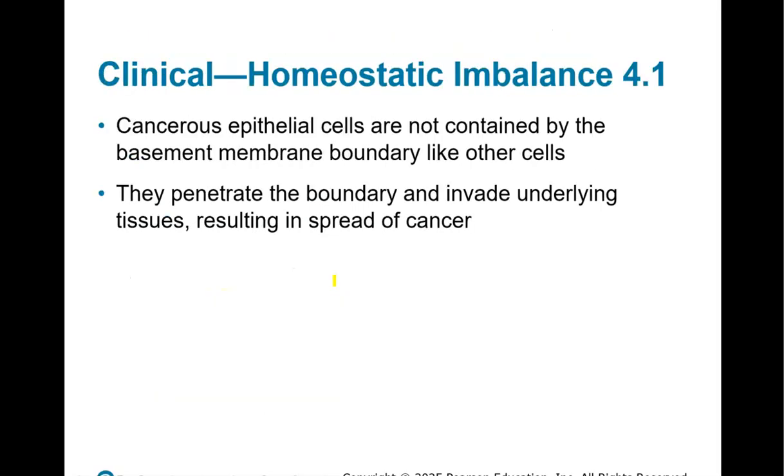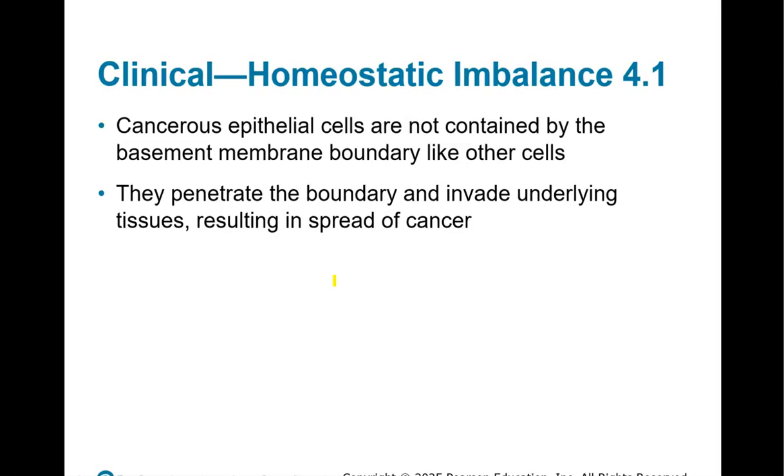The clinical homeostatic imbalance example here says that cancerous epithelial cells are not contained by the basement membrane boundary like other cells. So epithelial cells that become cancerous, like carcinomas and melanomas, they don't have a basement membrane.